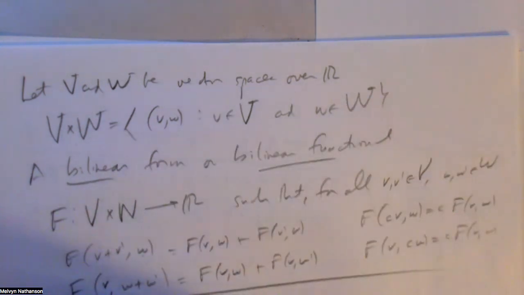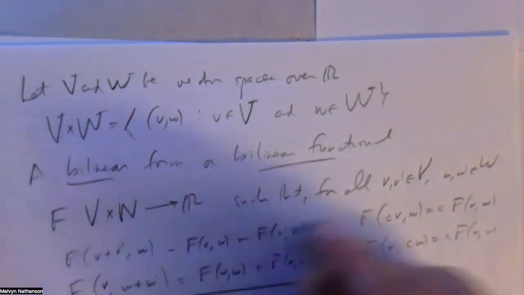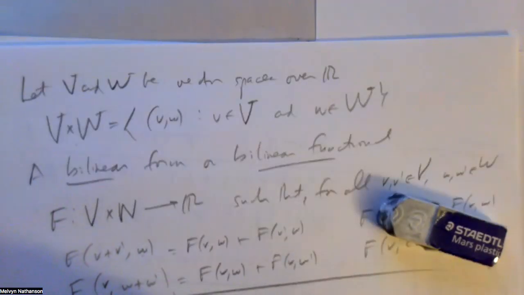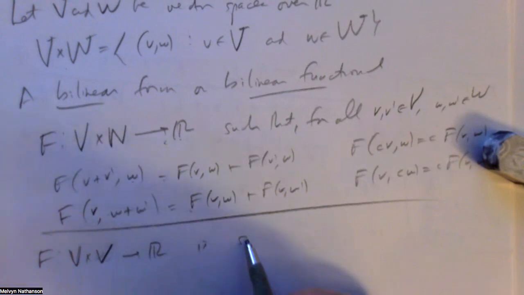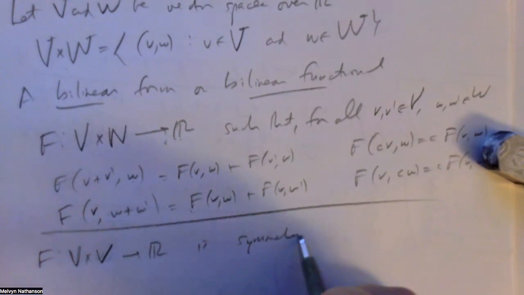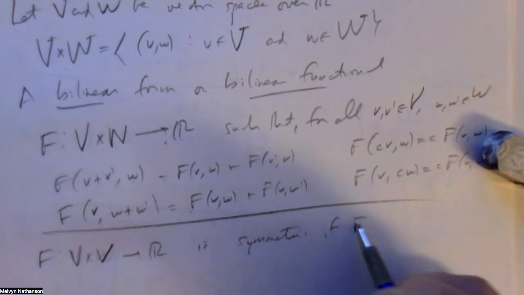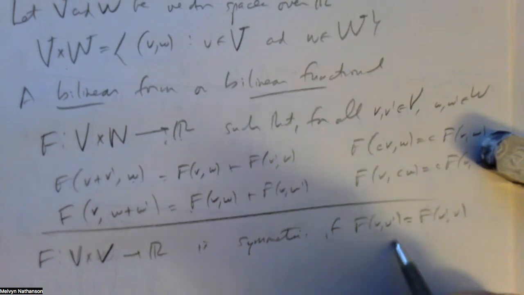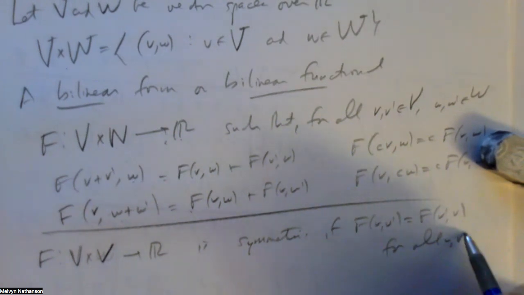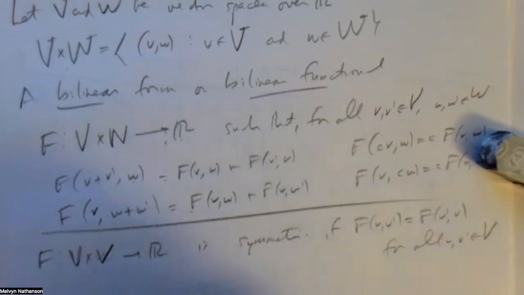Suppose we take V cross V. So the first and second coordinates of the ordered pairs are from the same vector space V. A function from V cross V into R is symmetric if f of (v, v prime) is f of (v prime, v) for all v and v prime in the vector space V.